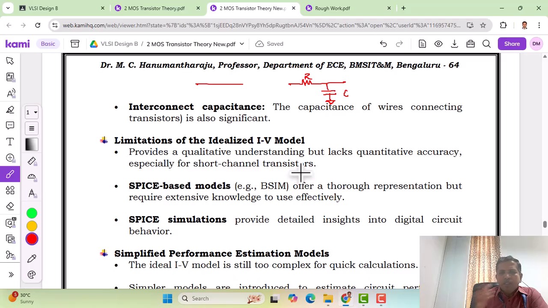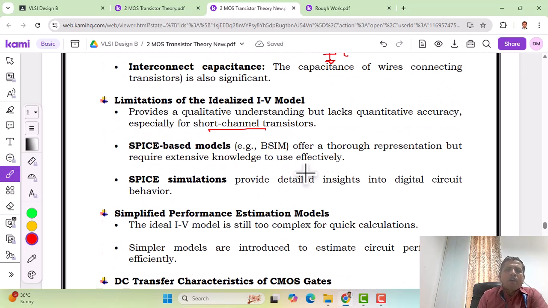But let us see the limitations of the idealized IV model. Though this provides qualitative understanding, it lacks quantitative accuracy, especially for short channel transistors. That is the first limitation of the idealized IV model. The second thing is the SPICE based models, an example of which is the BSIM model, which offers a thorough representation of the MOS transistor, but requires extensive knowledge to use it effectively.